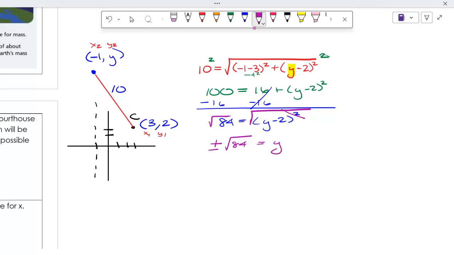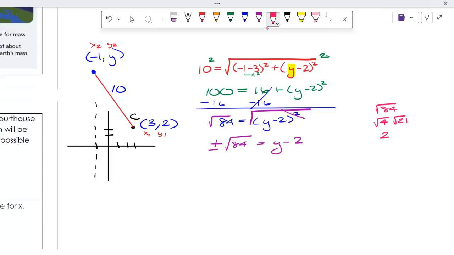And so then that gets me this is equal to y minus 2. At this point, I would encourage you to go ahead and reduce your radical. That is something that we know how to do. The largest perfect square that evenly divides out of 84 is going to be 4. So that simplifies down to 4 and 21. So if I do the square root of 84, it's the square root of 4 and the square root of 21.